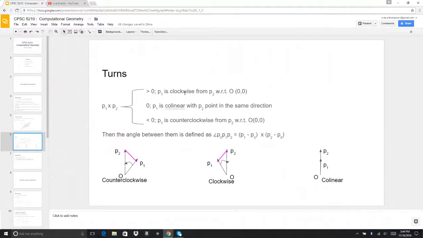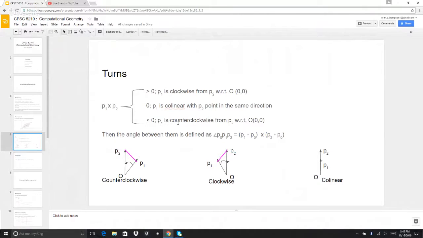So taking these three criteria and trying to give them a graphical example. If the cross product, this area, is greater than 0, then we have this clockwise rotation. So P1 to P2, it's going to rotate to the right, as a clock would also rotate. 0, again, it's collinear, and the two vectors lie in line with each other.